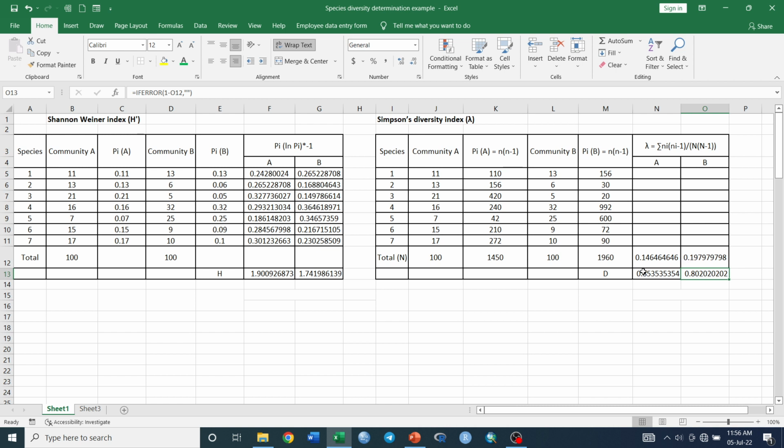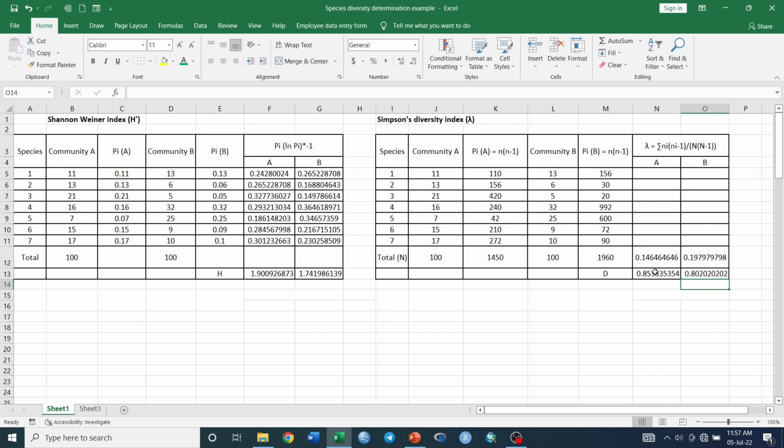Look here, the diversity index is 1 minus this one. When we subtract the lambda value from 1, here the same, I have to put an equal sign, 1 minus this one.